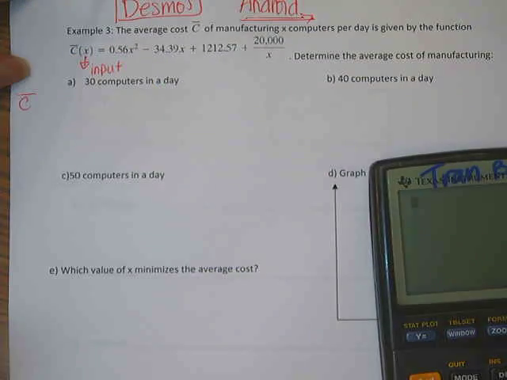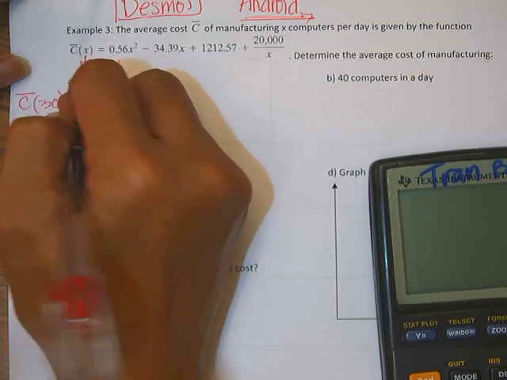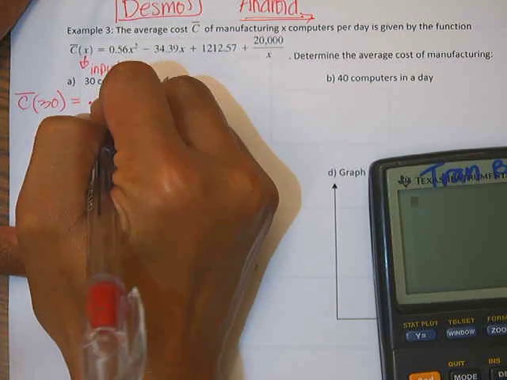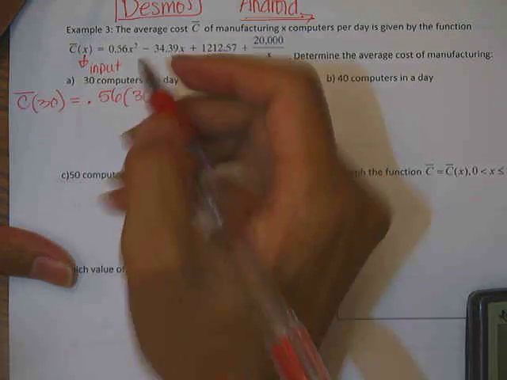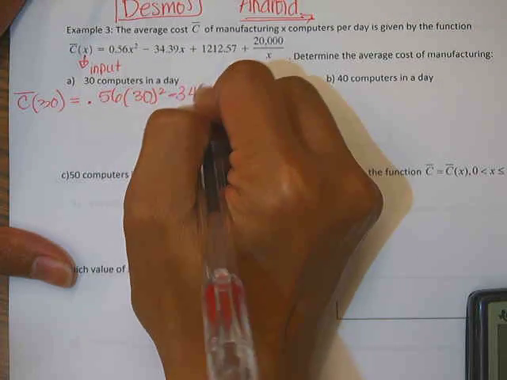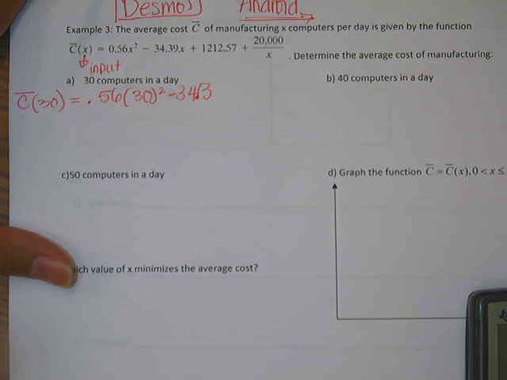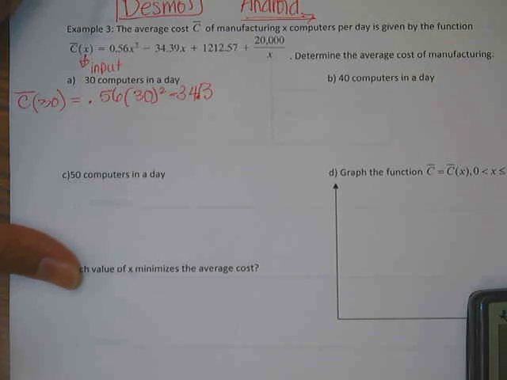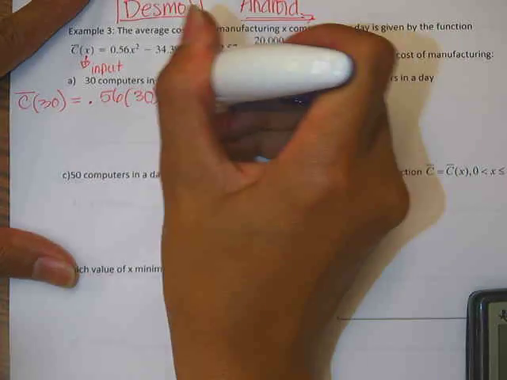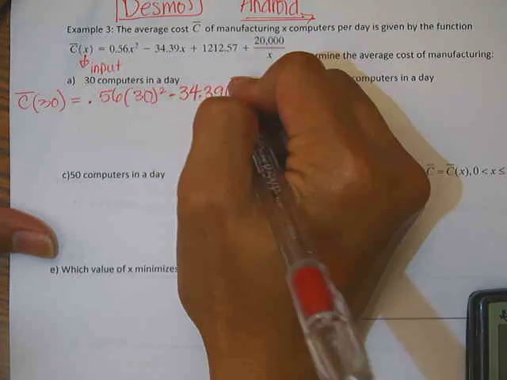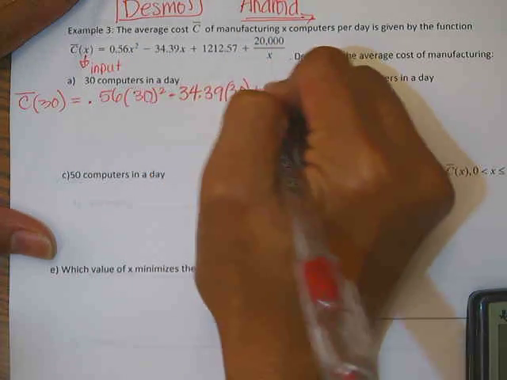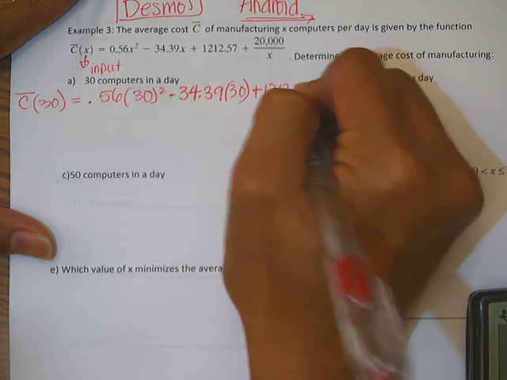So average cost of 30 computers per day is 0.56 times 30 squared minus 34.39 times X, and X is 30 computers, plus 1,212.57.